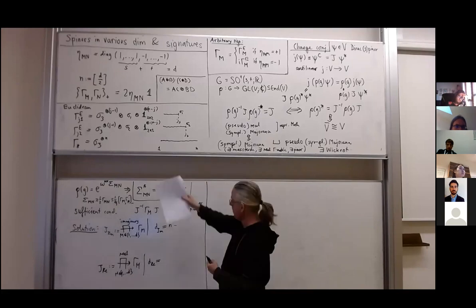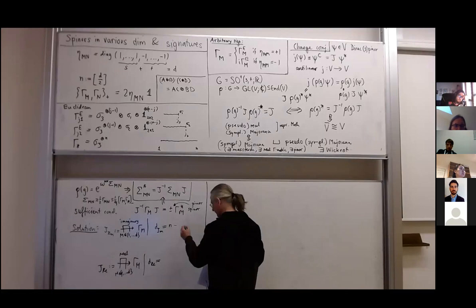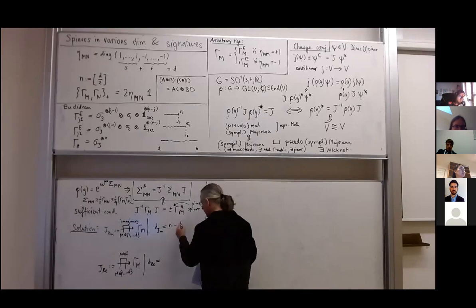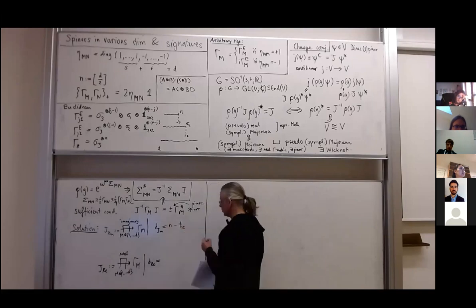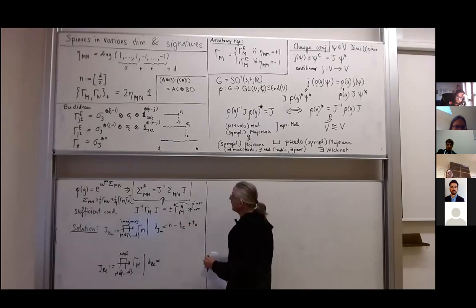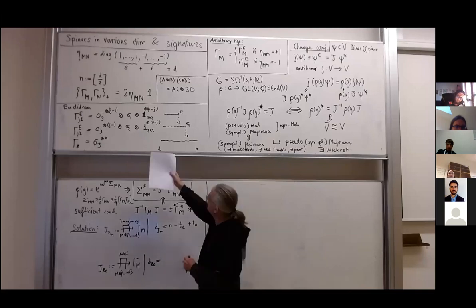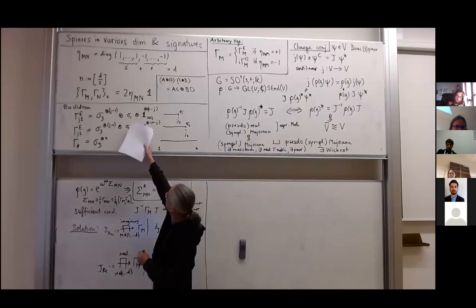So let me call the time directions that are in the sigma 2 direction T even. And then we have to add the odd time directions, which are related to sigma 1, when we have a time direction in the sigma 1 direction. So I call that T odd.